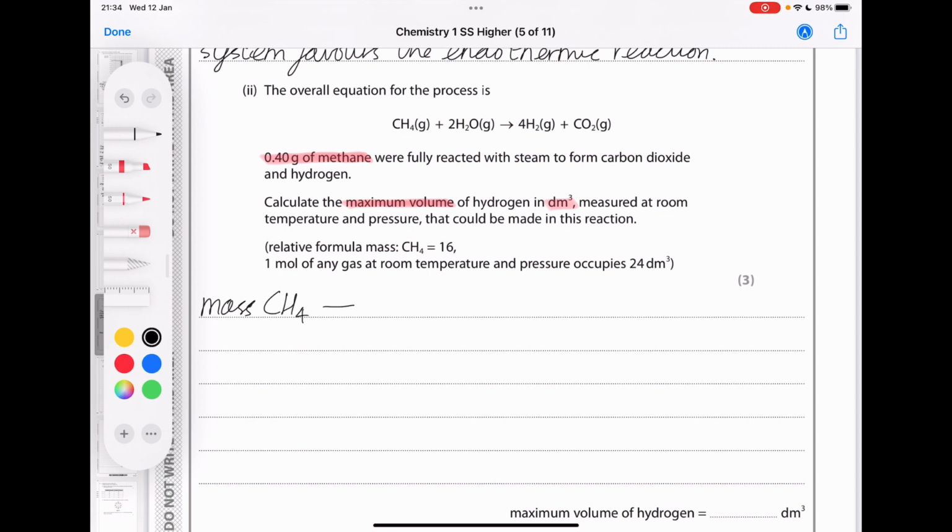We then need to work that into moles of methane. We can then use the equation to work out the moles of hydrogen, and we finally convert that into a volume of hydrogen. And with any of these calculations where it's not a simple one-step thing, it is always worth planning out in advance what you're going to do before you stick numbers in.